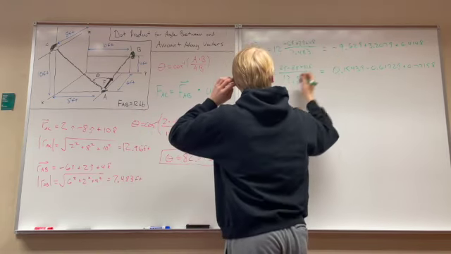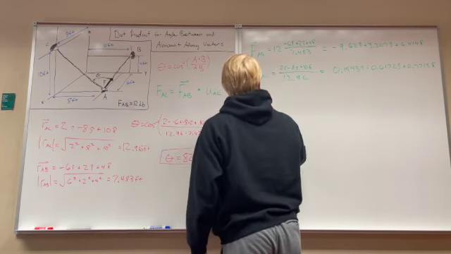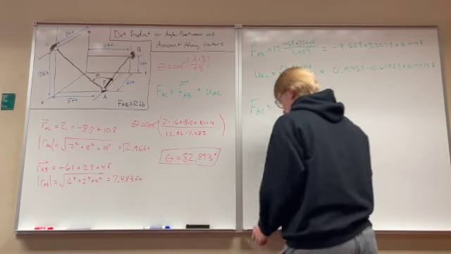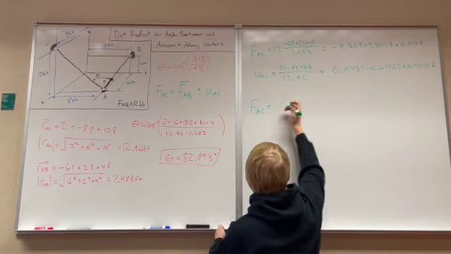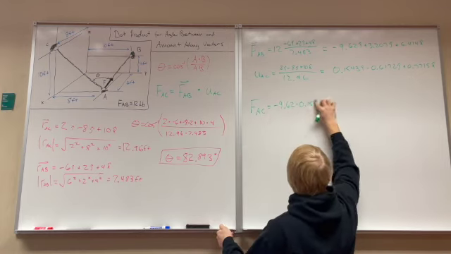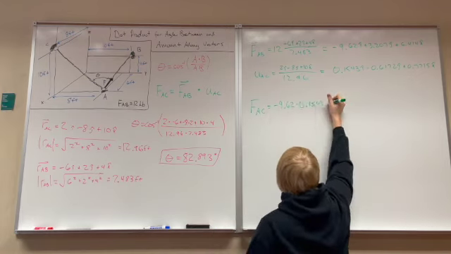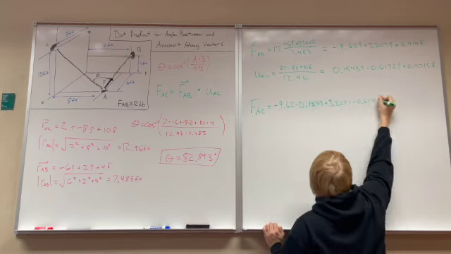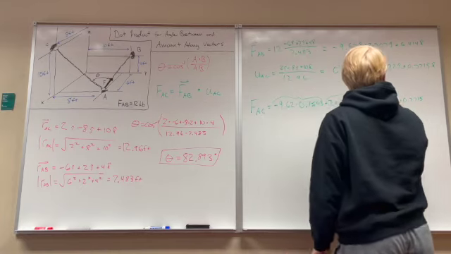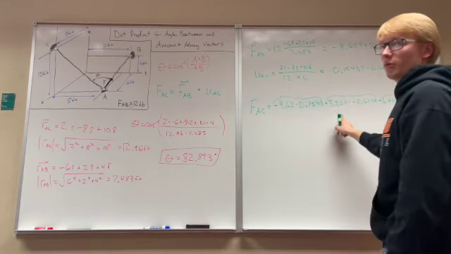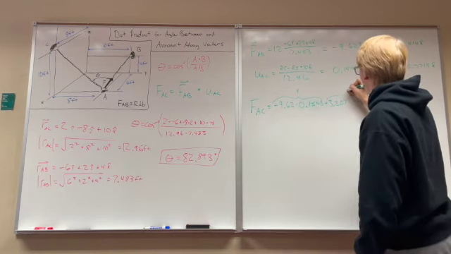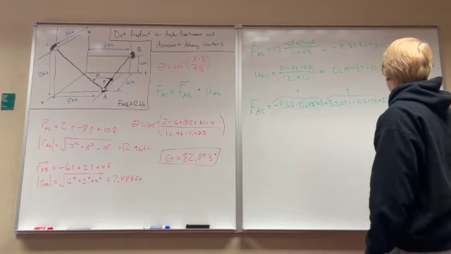And so what we're doing here, we're going to find the force that's going in the AC direction. We're going to multiply like this. So this is the i hat, this is the j hat, and this is the k hat.